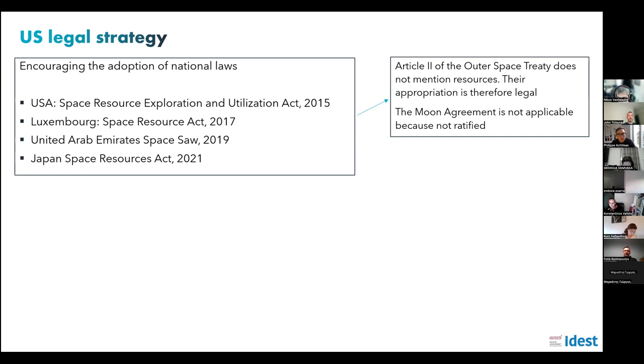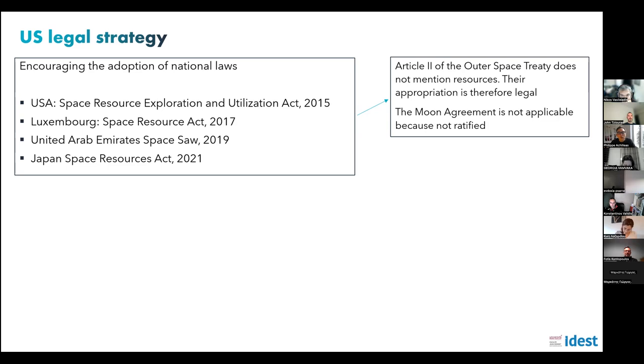So you see the position of the US, it's clear, maybe it's convincing, maybe you are convinced by such interpretation, but in international law, a state does not have the right to interpret a treaty on behalf of the state parties. The rule is that states parties have to have a common interpretation of the rules of a treaty.